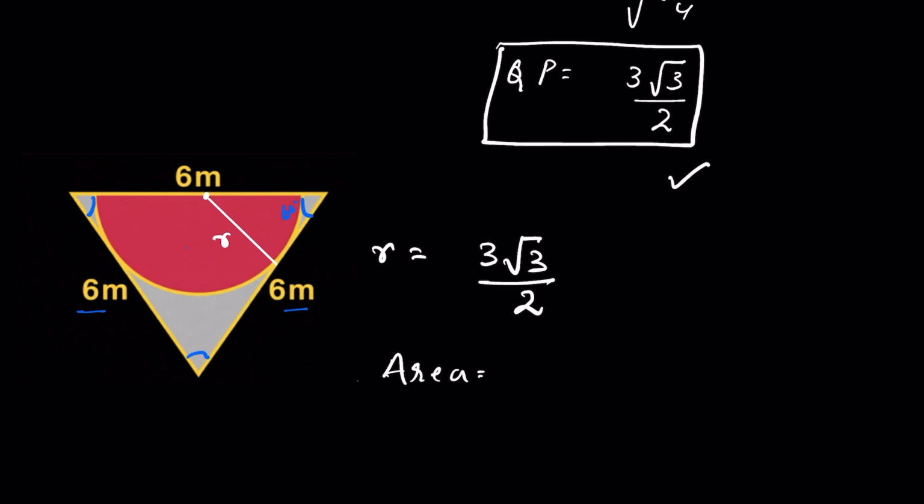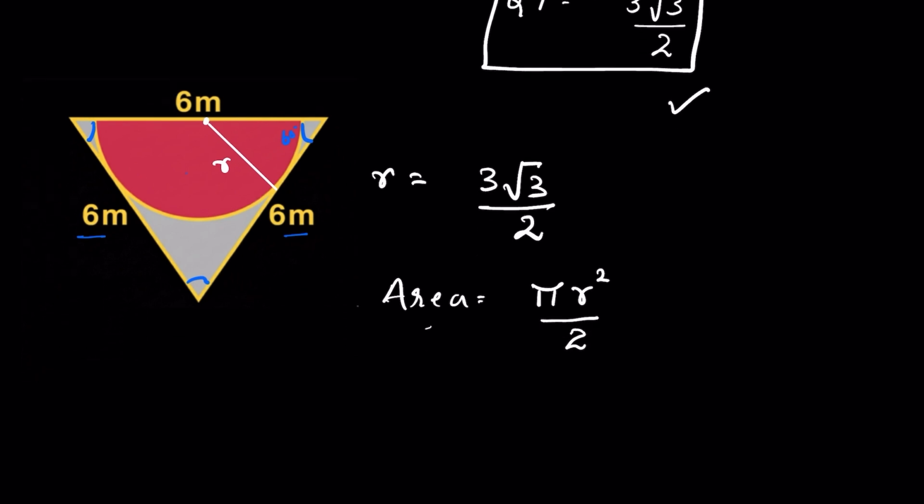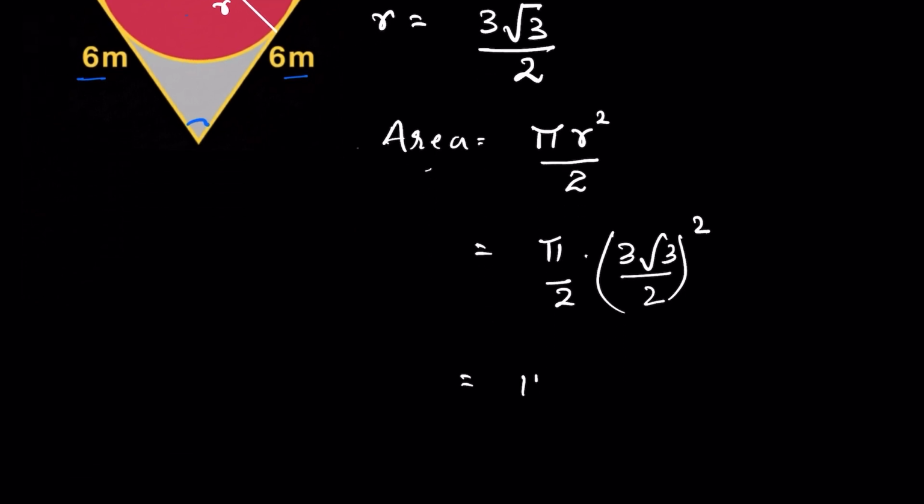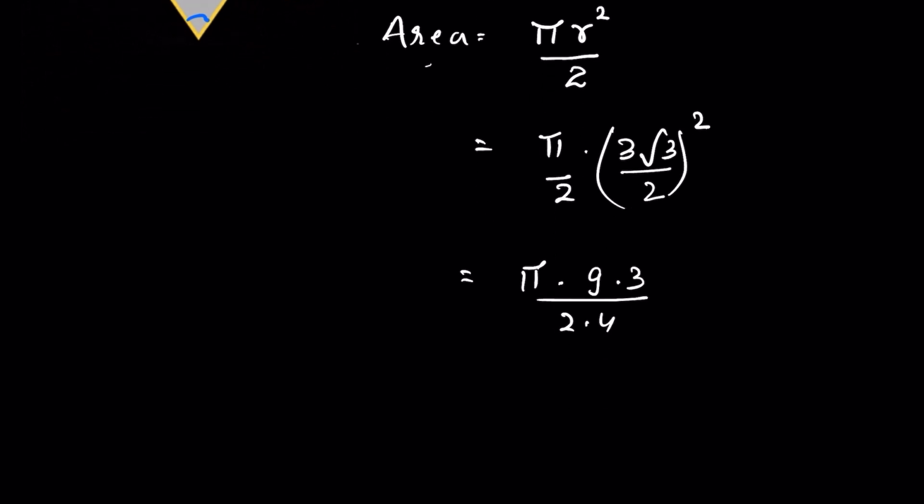The area of a circle is pi r square, and the area of a semicircle will be half of this, because a semicircle means half of the circle. So this will be pi times (3 times square root of 3 upon 2) whole square, and then upon 2, or pi times 9 times 3 upon 2 times 4, equals pi times 27 upon 8.